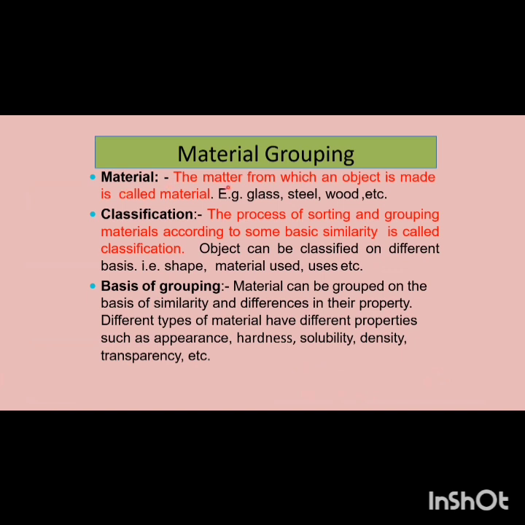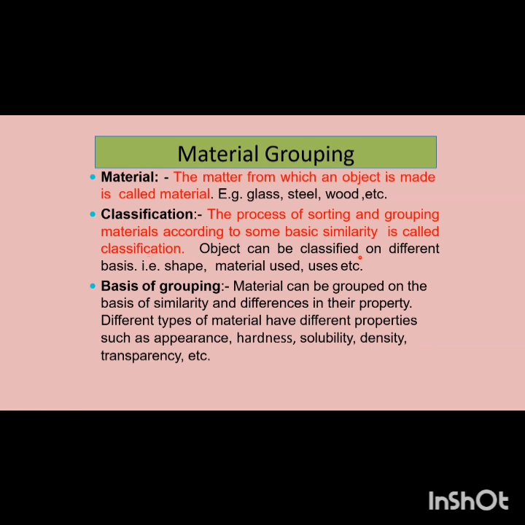Materials, the matter from which an object is made is called material. Example, glass, steel, and wood. Classification, the process of sorting and grouping materials according to some basic similarity is called classification.